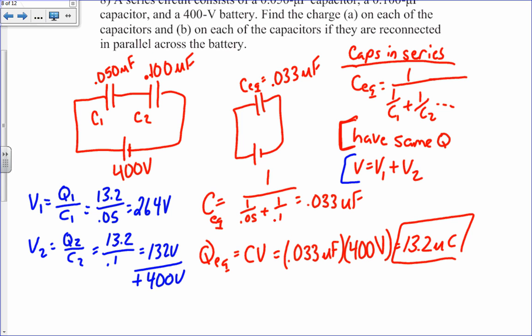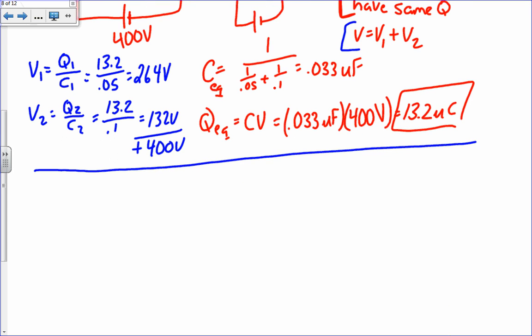We'll see that in problems to come. All right, that's in series. That's a little more difficult. When you do them in parallel, it's a little easier. So let me show you. 400 volt battery, capacitors in parallel. I can tell when capacitors are in parallel because if I follow along in the circuit and I come to a break in the circuit, that signifies the beginning of a parallel branch.